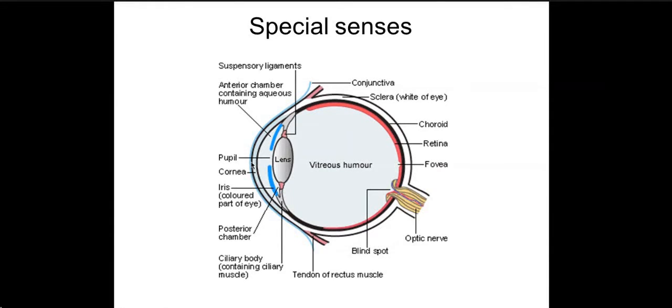These are all transparent media through which light passes. The refractive index of the lens is 1.42, and for the cornea, aqueous humor and vitreous humor, the refractive index is about 1.33, right?